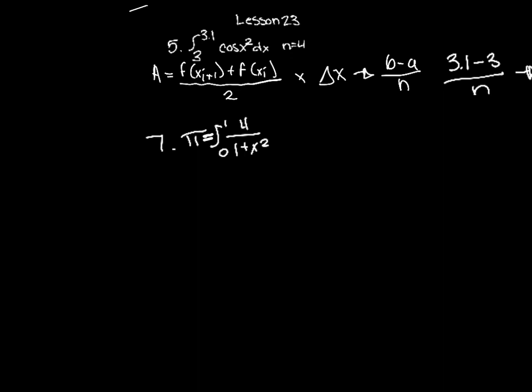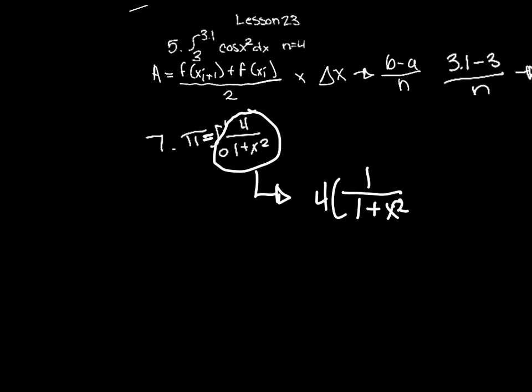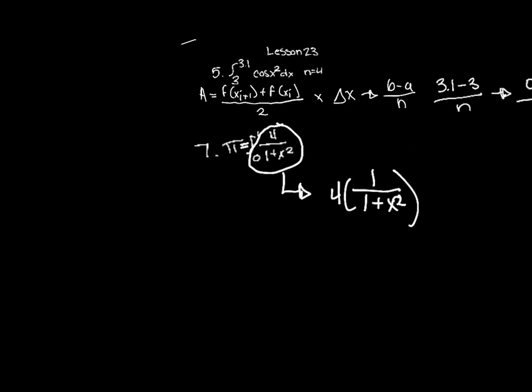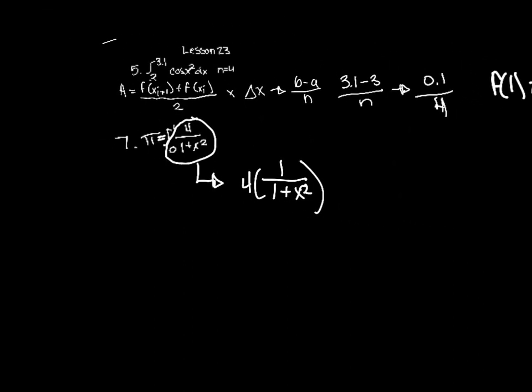And I'll show you. If you just look at this, you can understand that this is actually this. We're forgetting about the pi with the integral for now, and focusing on this. What does this look like? This looks like a very familiar thing that we like to call arctan.